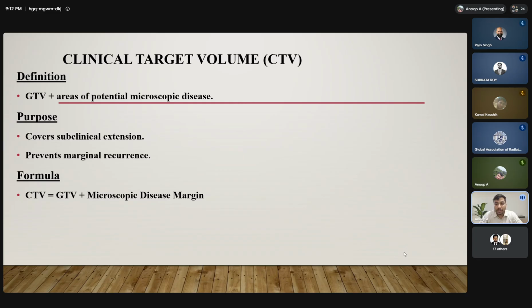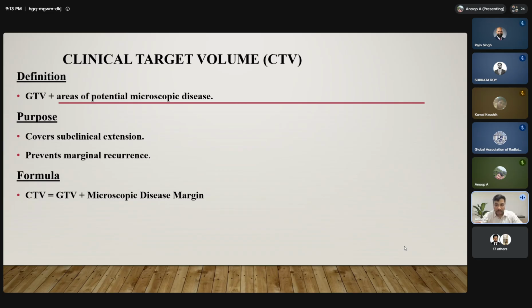Standard expansion margin: based on decades of pathology data, doctors know how far certain cancers typically spread microscopically. For example, they might automatically add a 1 centimeter border around the GTV for a specific type of lung cancer. Natural anatomical barriers: cancer does not spread equally in all directions.